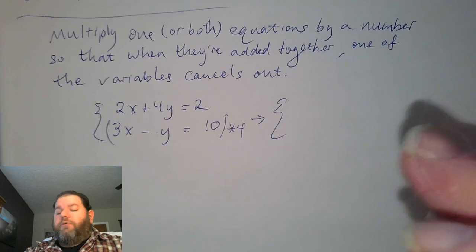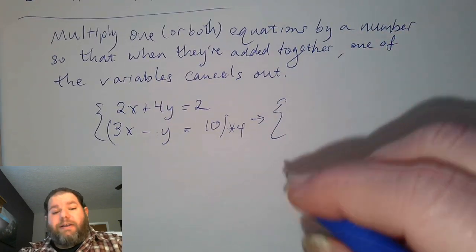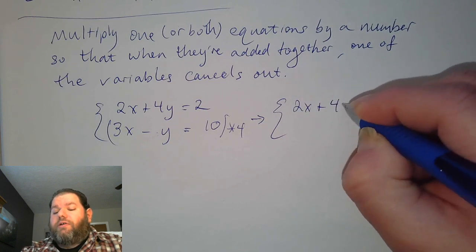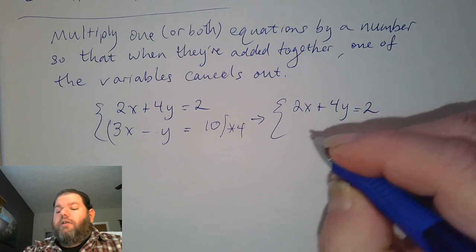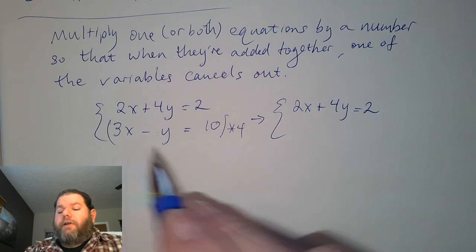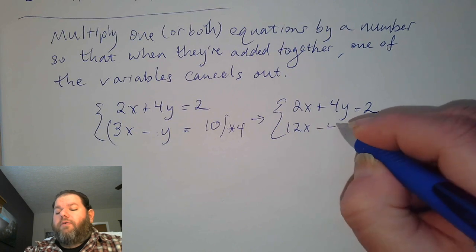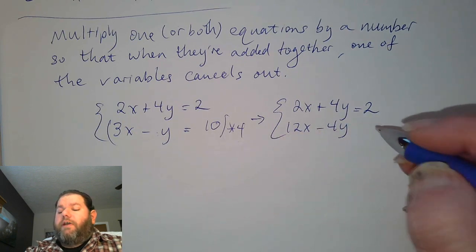Now, notice we're only multiplying the second equation by 4. The first equation does not change. Second equation, though, we get 4 times 3x, 12x. 4 times negative y, negative 4y. 4 times 10 is 40.